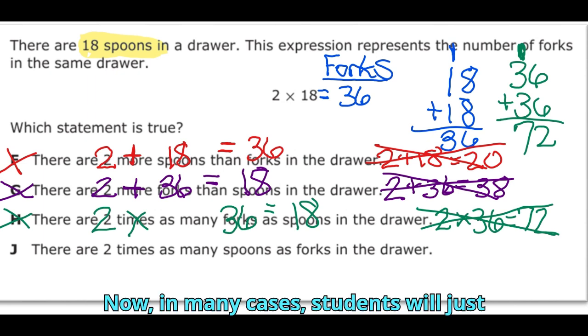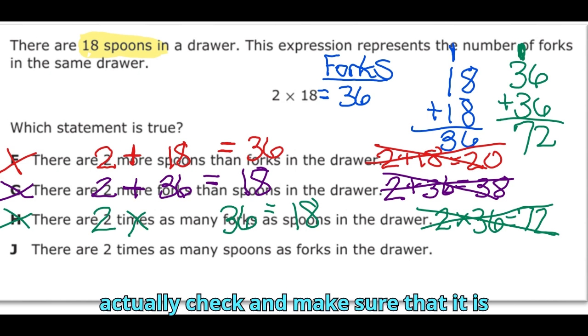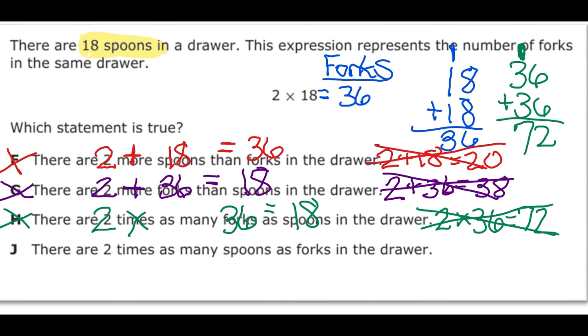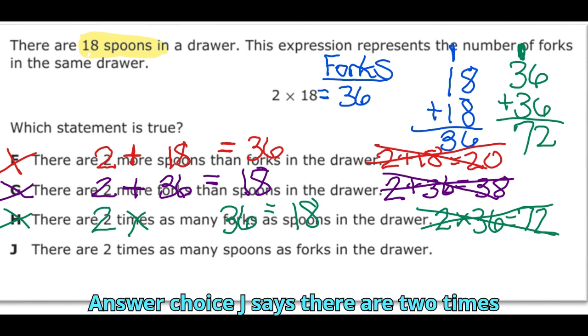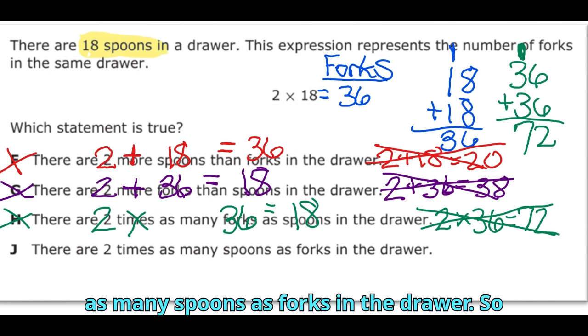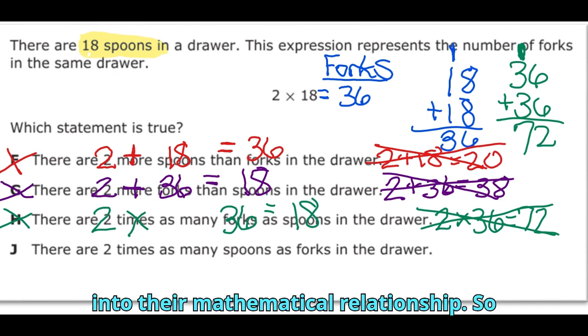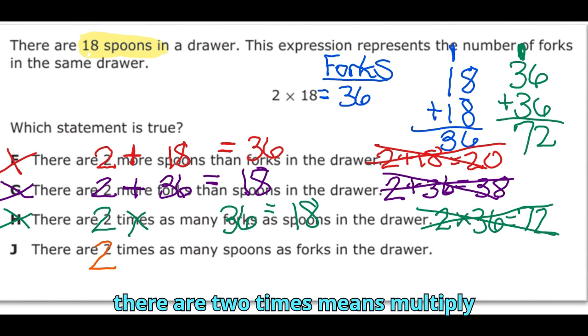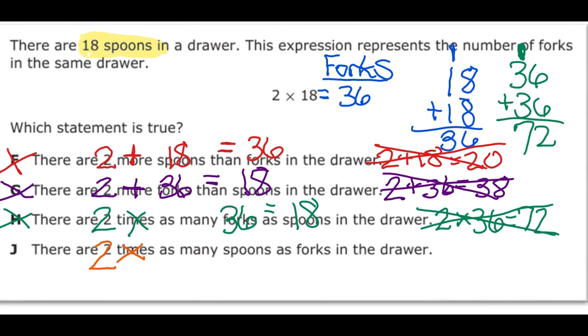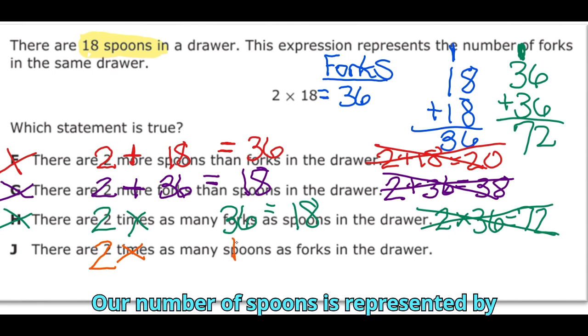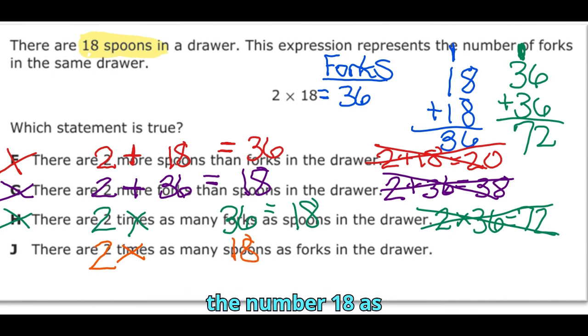Now, in many cases, students will just go, oh, it's J then, but we're going to actually check and make sure that it is answer choice J. Answer choice J says there are 2 times as many spoons as forks in the drawer. So let's take those words and change them into their mathematical relationship. So there are 2 times means multiply as many spoons. Our number of spoons is represented by the number 18 as forks. Forks is 36 in the drawer.